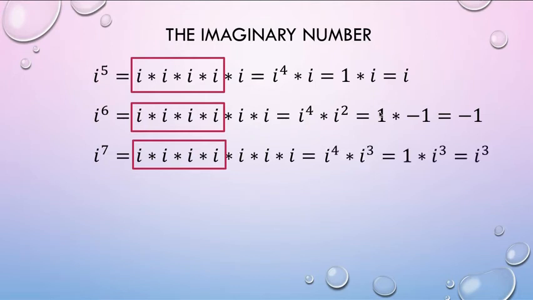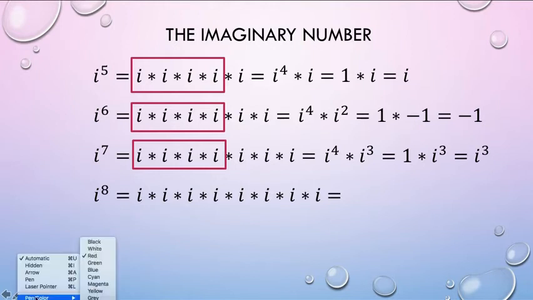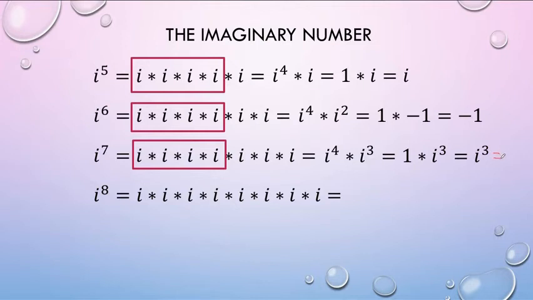So we've got i to the fourth times i to the third, so 1 times i to the third, which is just i to the third, which we remember as negative i. So that i to the third then just equals negative i, if we're fully simplifying it.